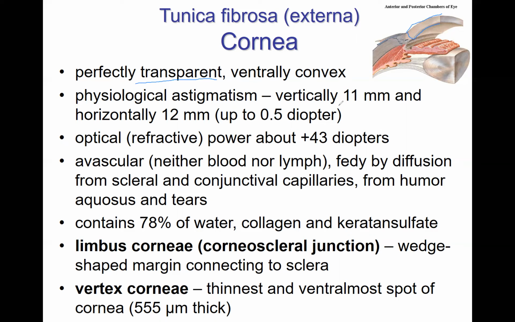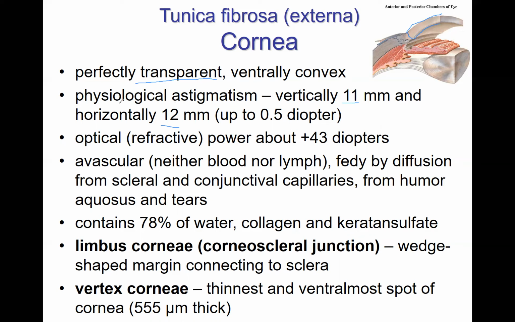What are the dimensions? The dimensions are 11 to 12 millimeters. As you can see, vertically 11 and horizontally 12 millimeters. It means it is not perfectly round. It's a bit flexed, but this is from birth.